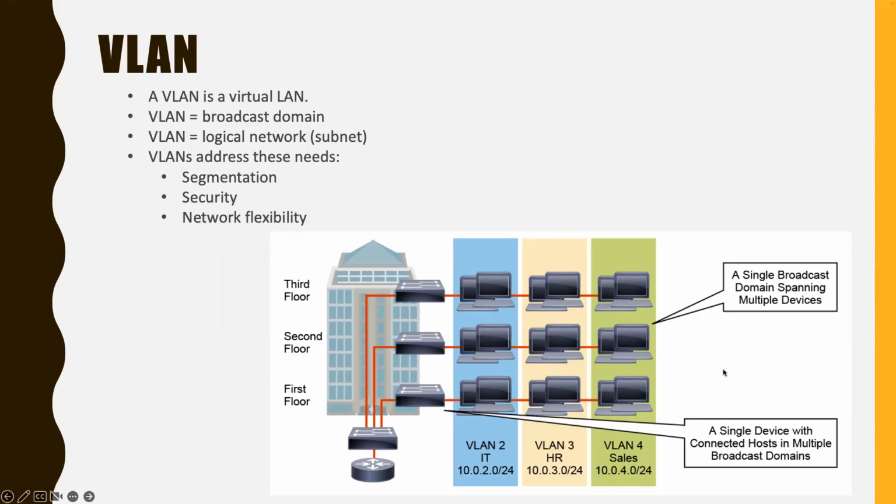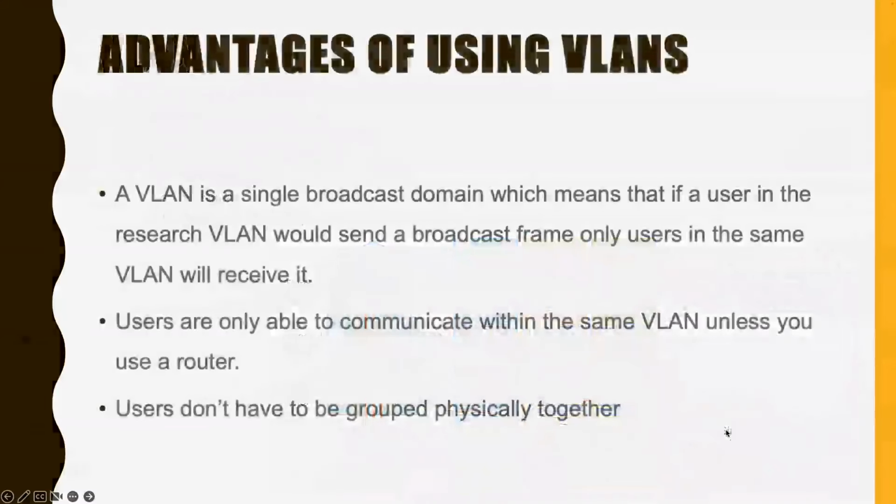These VLANs bring a separate broadcast domain. Each VLAN has its own IP subnet or own broadcast domain. As we have already gone through, these are some of the advantages. We are dividing our broadcast domain, limiting communication, making it secure. Rather than grouping them physically, we are grouping them logically now.